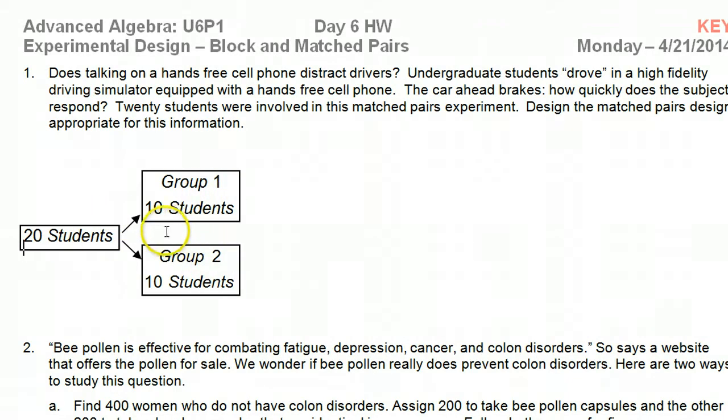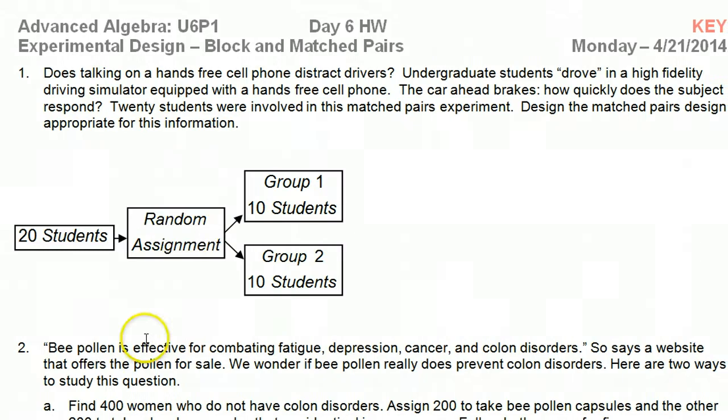Now, as far as the diagram goes, we need to mention how the students are being separated into these groups. The fact is that they are going to be randomly assigned. But I'm going to put an extra little box in here mentioning random assignment, and that's going to be very important. So be careful not to leave this out.